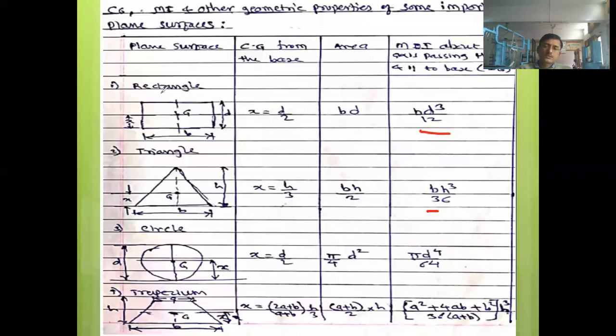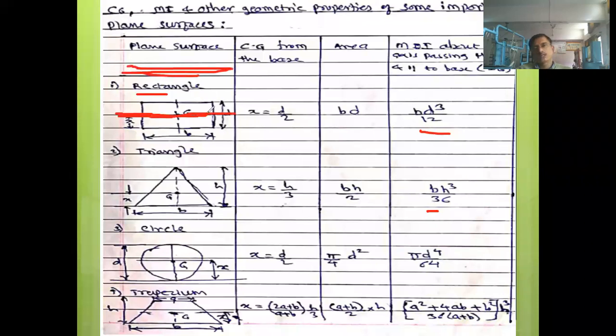Right, on the first column, the plane figure, a rectangle. Draw this rectangle diagram. Then what will be the centroidal axis for the vertical surface? This will be the centroidal axis, which is parallel to the liquid surface.